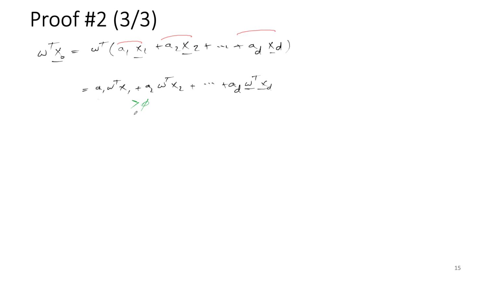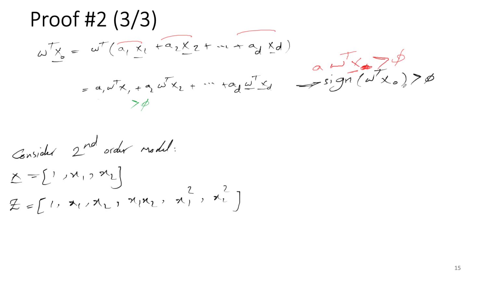These values are also plus because wt x was plus. And the output of the perceptron was plus. So that would be for the first order.